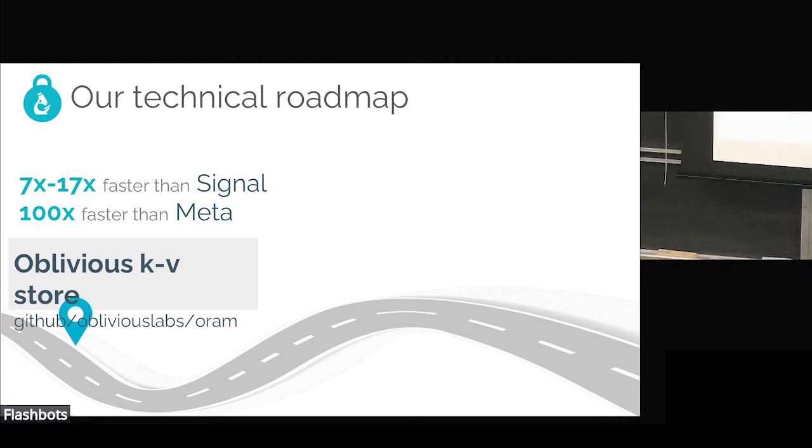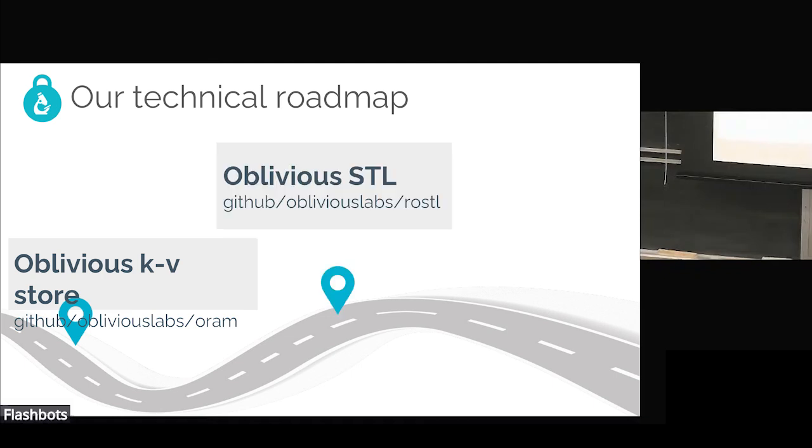Okay, just before I conclude, I want to quickly talk about our roadmap. Today we have already shipped a very fast Oblivious key value store implementation. The open source is out there. You can try it out if you want. Our implementation is an order of magnitude faster than Signal's and about 100x faster than Meta's implementation. And we are also working on something called Oblivious STL. This is ongoing.